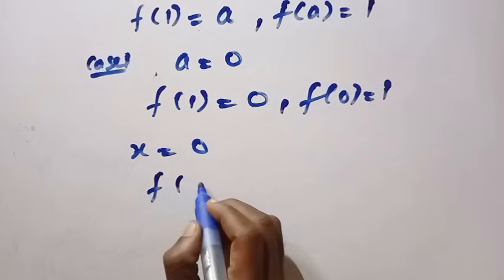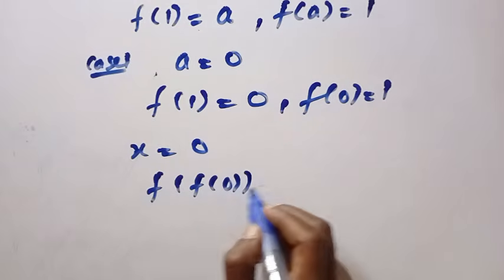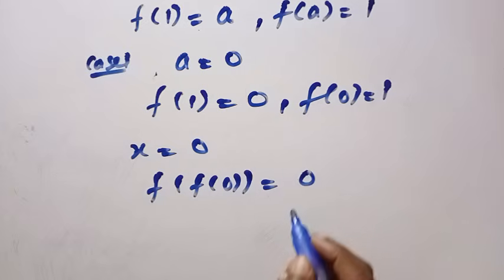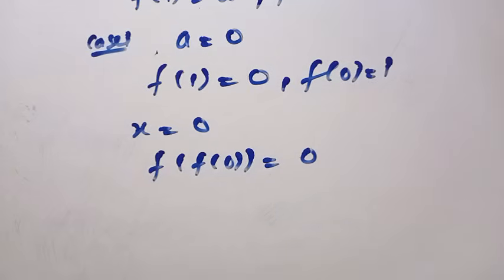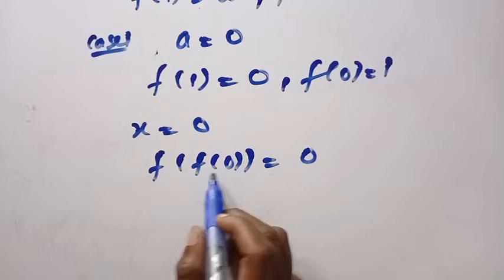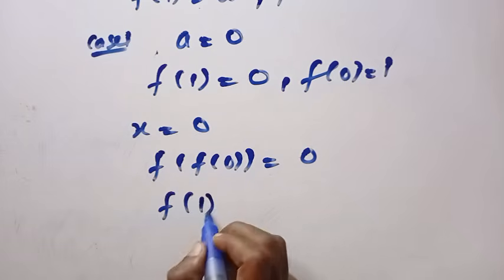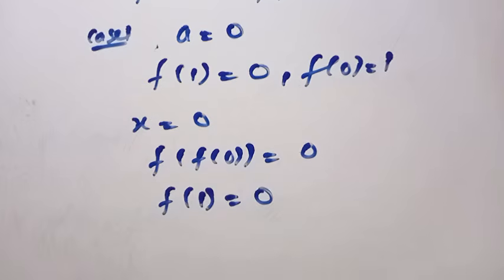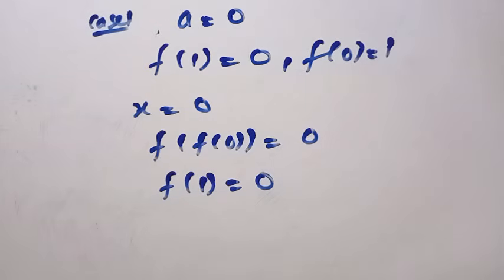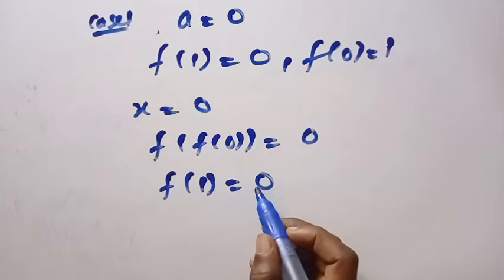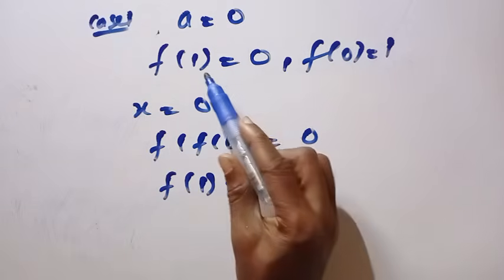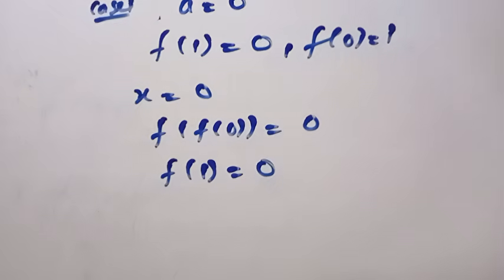We are going to have f of 0 equals 0 squared, so this equals 0. And from here, our f of 0 is given as 1. So therefore, our f of 1 equals 0. And this is consistent with f of 1 equals 0.